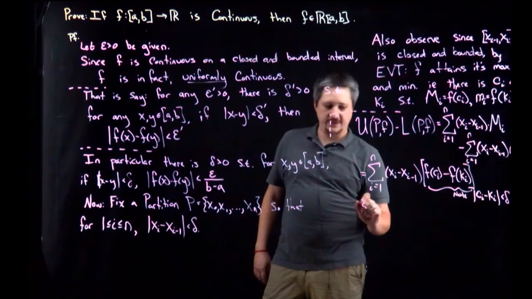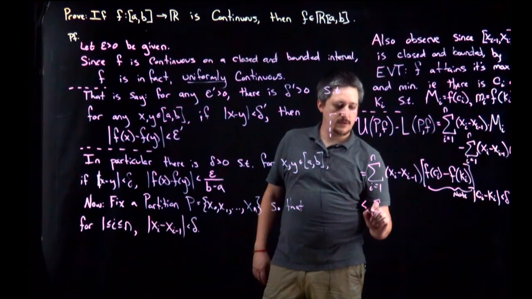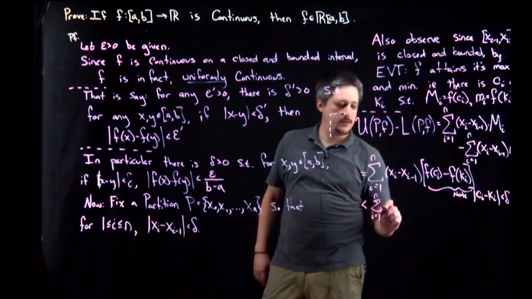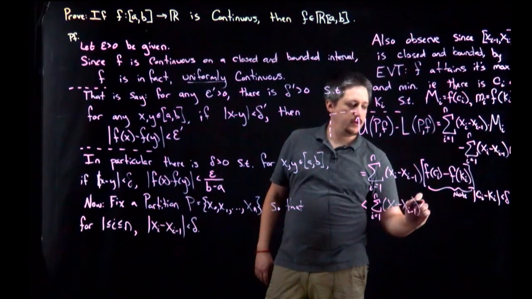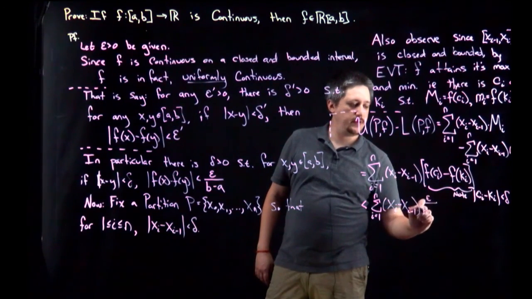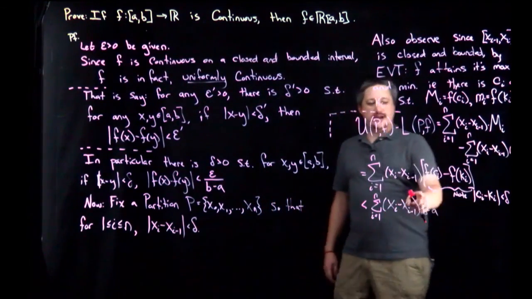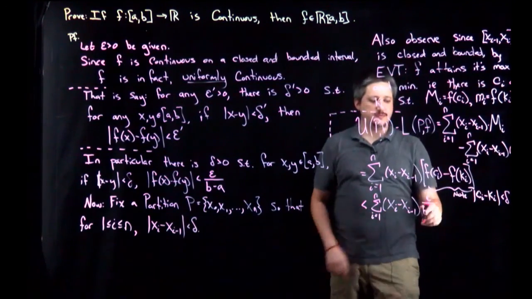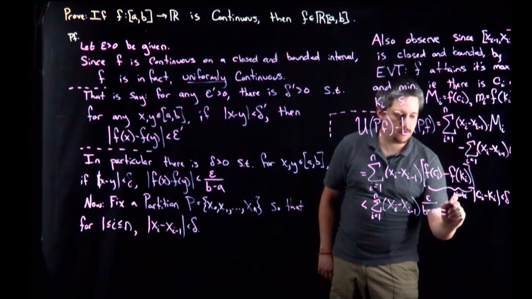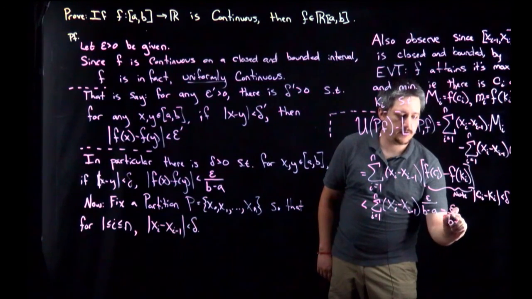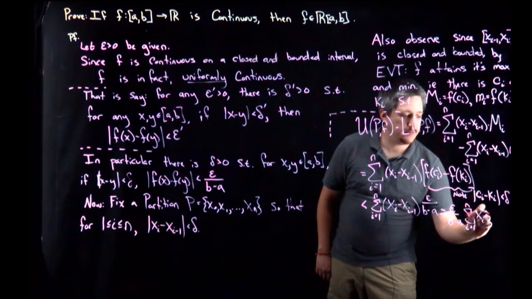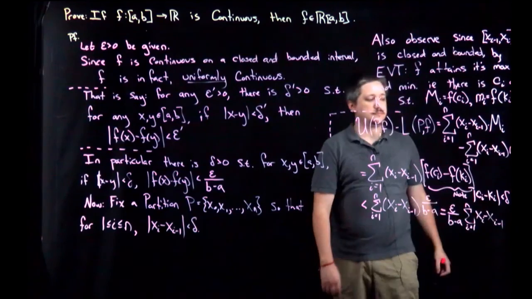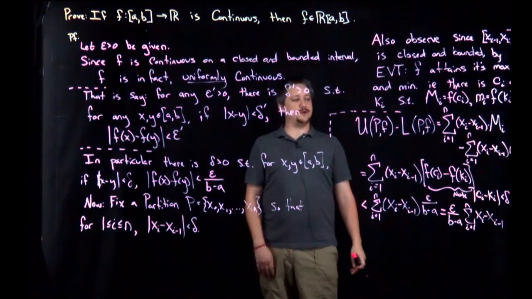So this is less than the sum, i going from 1 to n, of (x_i minus x_{i-1}) times epsilon over b minus a, which now doesn't depend on my iterating variable. So this is just equal to epsilon over b minus a times the sum, i going from 1 to n, of x_i minus x_{i-1}.